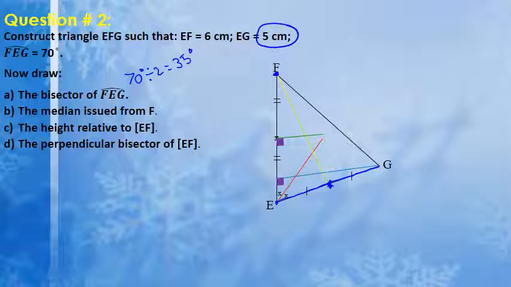We divide 6 by 2 to get the midpoint of segment EF. At the midpoint, we put the set square and we draw a perpendicular line. This is the perpendicular bisector of segment EF. The marks of the bisector, the median, the height, the perpendicular bisector are very important to be put on the figure.